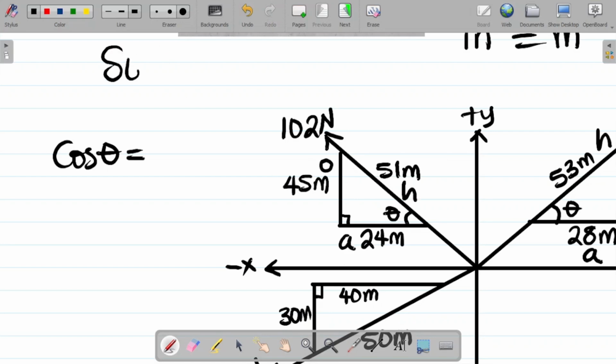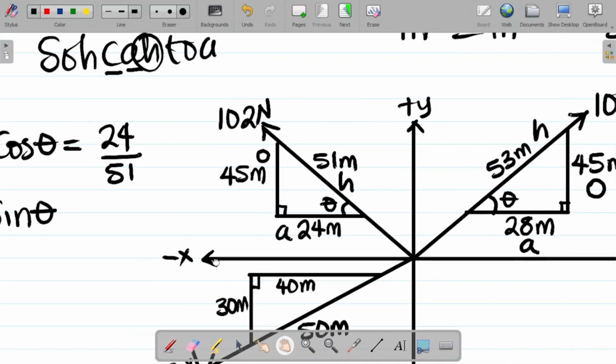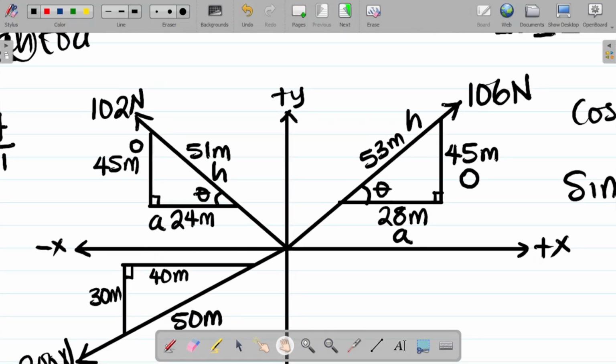Now, using SOHCAHTOA, cosine is equal to adjacent, in this case 24, over hypotenuse, in this case 51. So cos theta is 24 over 51. What's sin theta in this case?